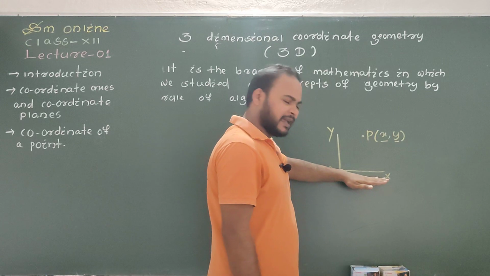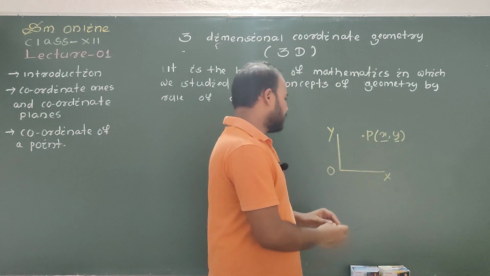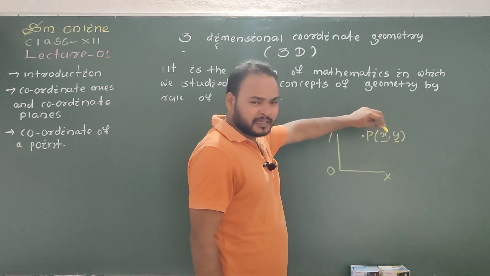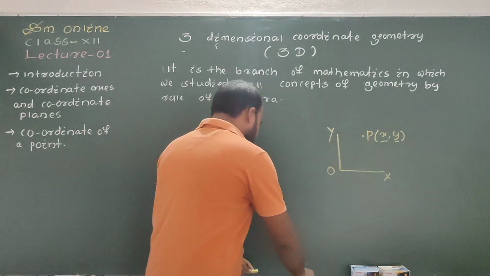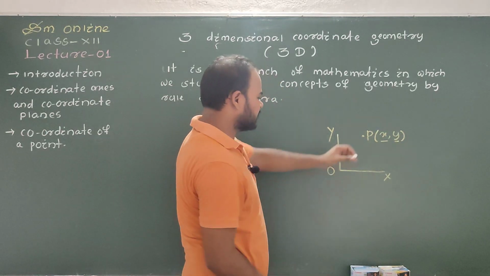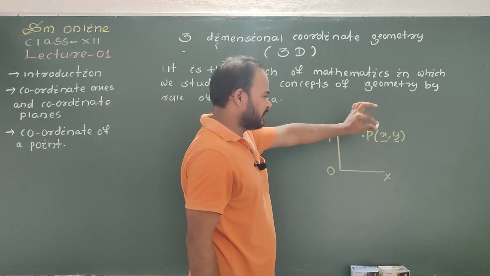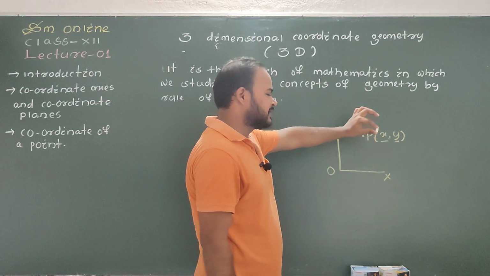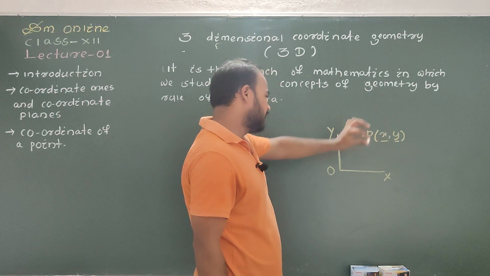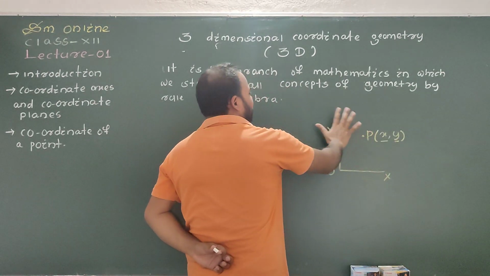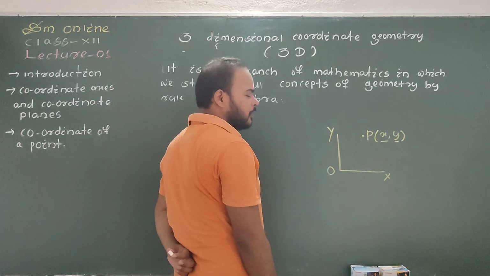This is the x axis. Point P in space means what? It is in a hanging position. Suppose this piece of chalk is the point P. Here the point P is on the xy plane, this is the green board.